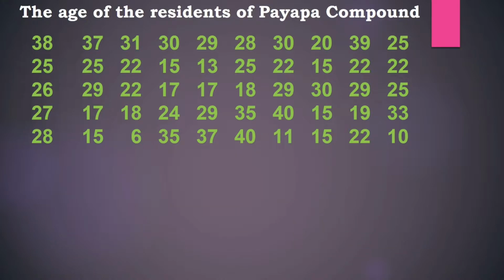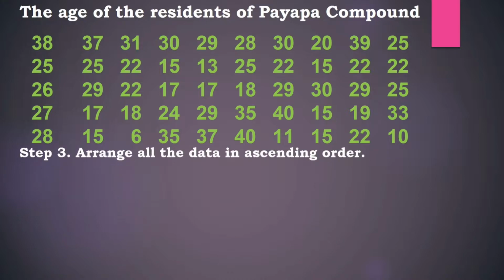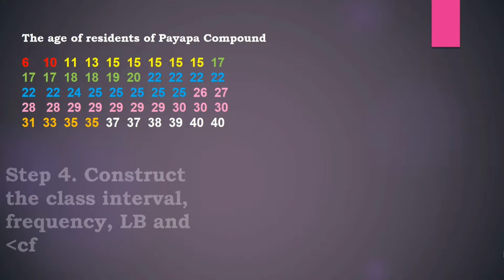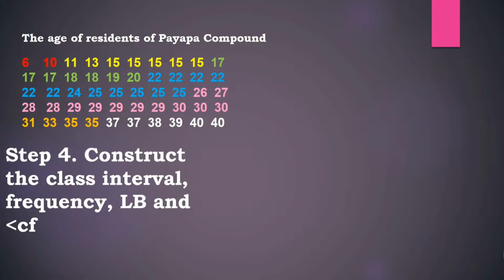Third step is to arrange all the data in ascending order, so from smallest to largest. Step number 4 is we can now make the frequency distribution table. So we will construct the class interval, the frequency, the lower boundary, and the less than cumulative frequency.